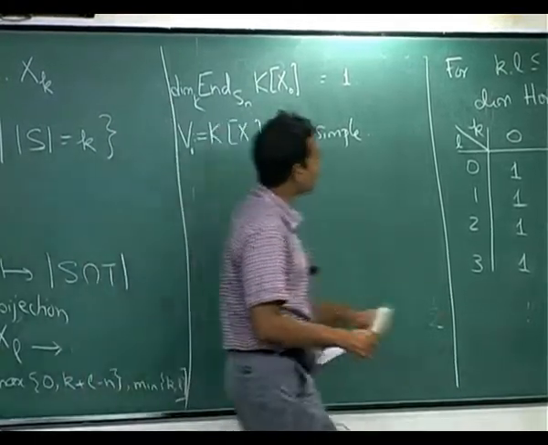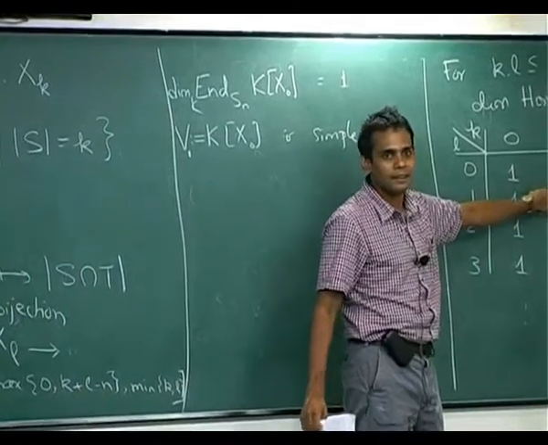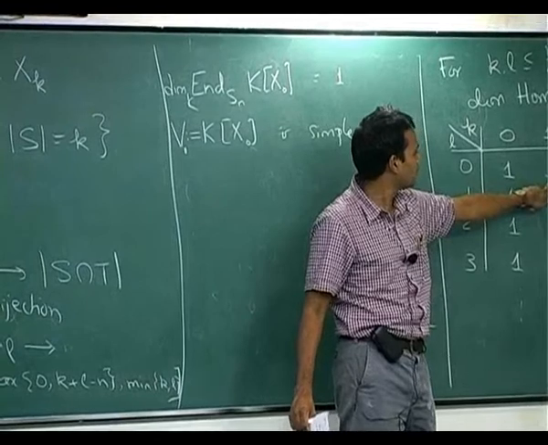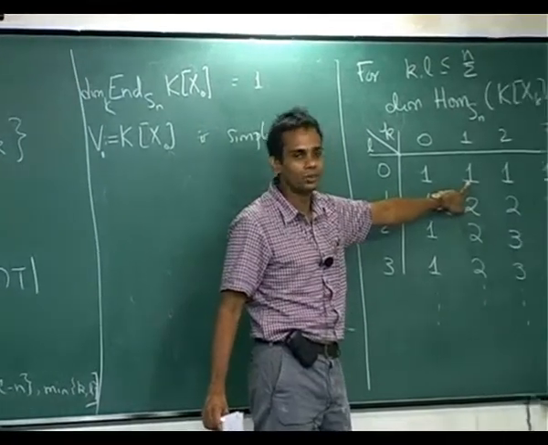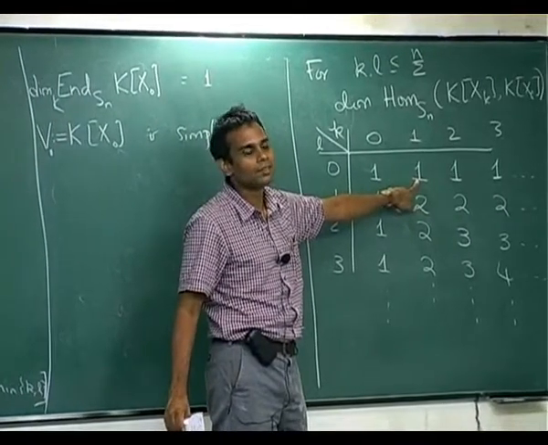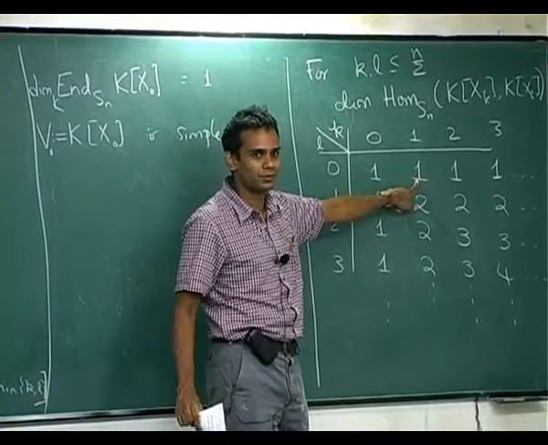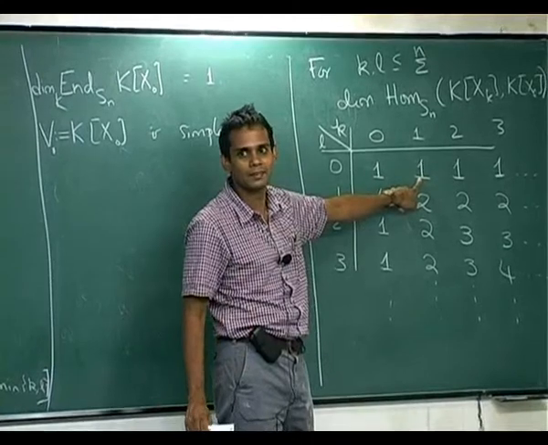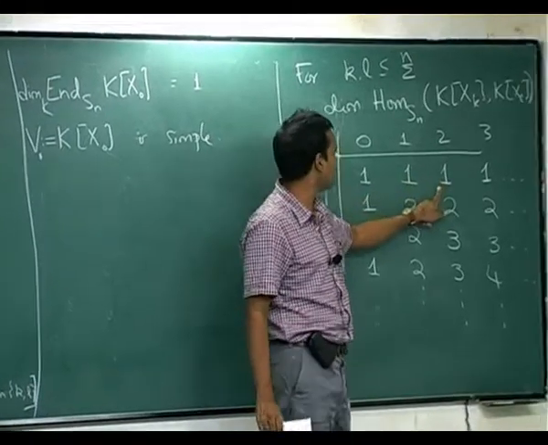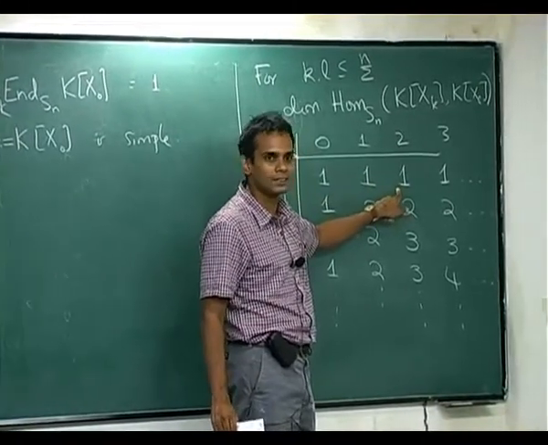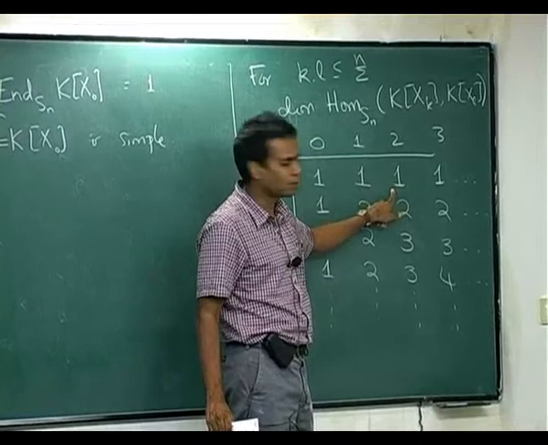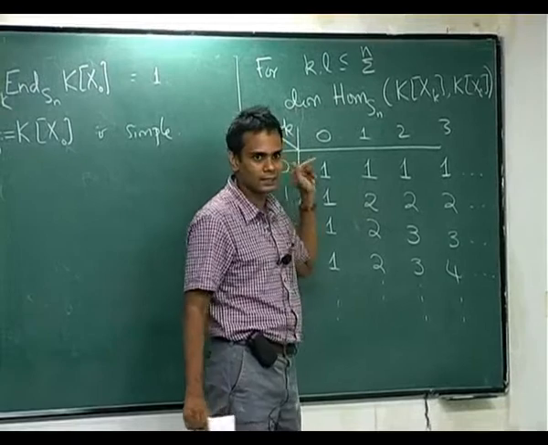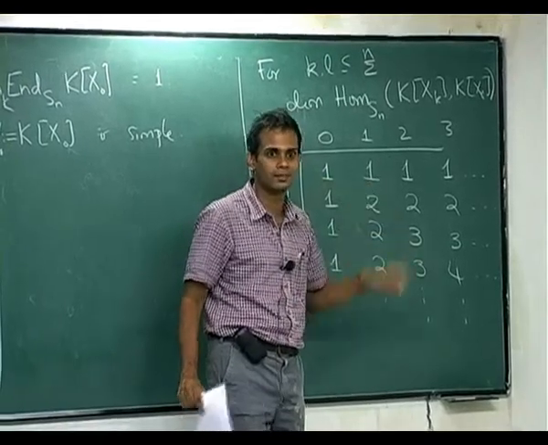Now what does this one tell me? So this is the dimension of the homomorphisms from the simple kx0 to kx1. So what it's telling me is that V0, that simple kx0, occurs only once in kx1. This one tells me that V0 occurs once in kx2. So on. So what I see is that V0 occurs once in kxi for all i greater than or equal to 0.